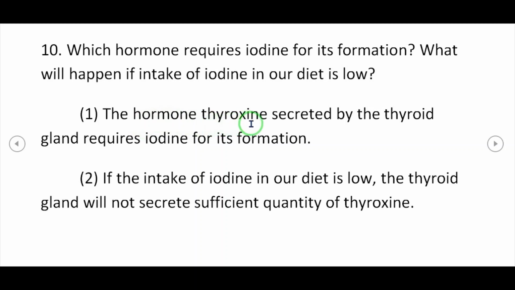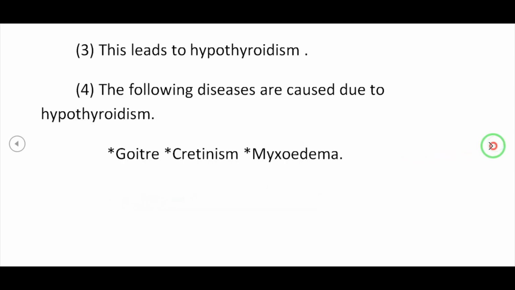The hormone thyroxine secreted by the thyroid gland requires iodine for its formation. If the intake of iodine in our diet is low, the thyroid gland cannot secrete a sufficient quantity of thyroxine.